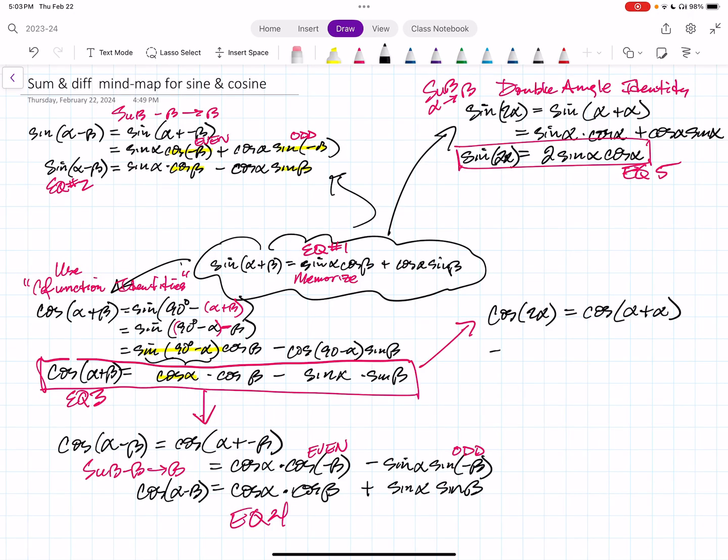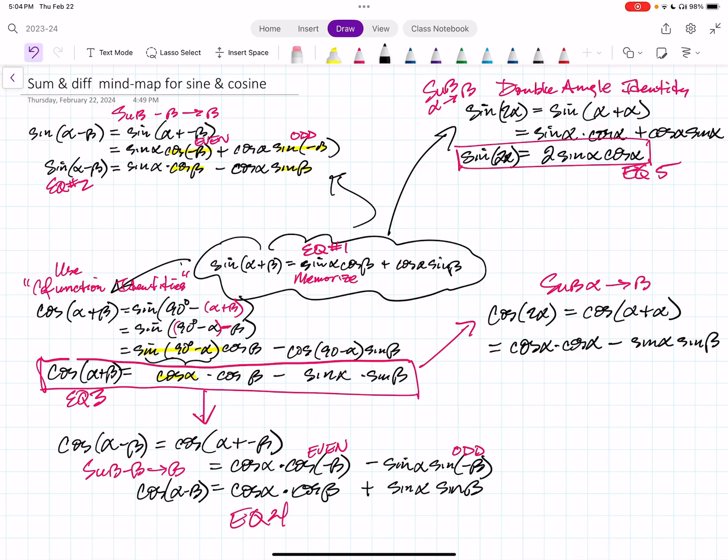This is equal to, now remember the cosine expansion here, it goes cosine, cosine, change sign, sine, sine. So you just follow the pattern. Cosine of alpha times the cosine of alpha. Remember, we're substituting alpha in for beta. I better write that down: substitute alpha in for beta and simplify. And then we change the sign, minus, sine of alpha times the sine of alpha.